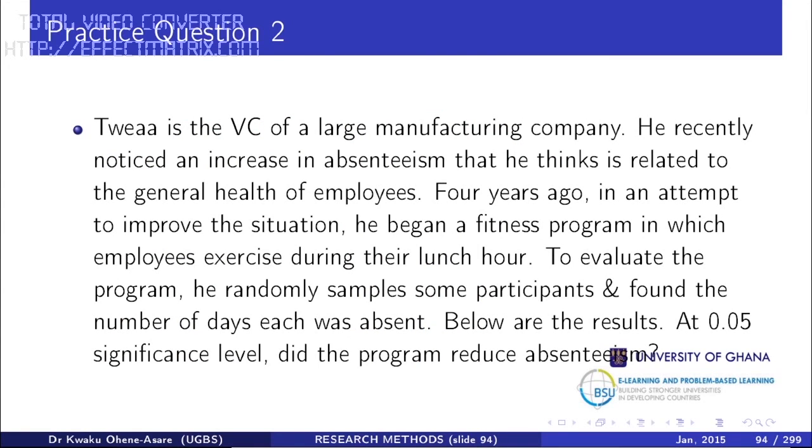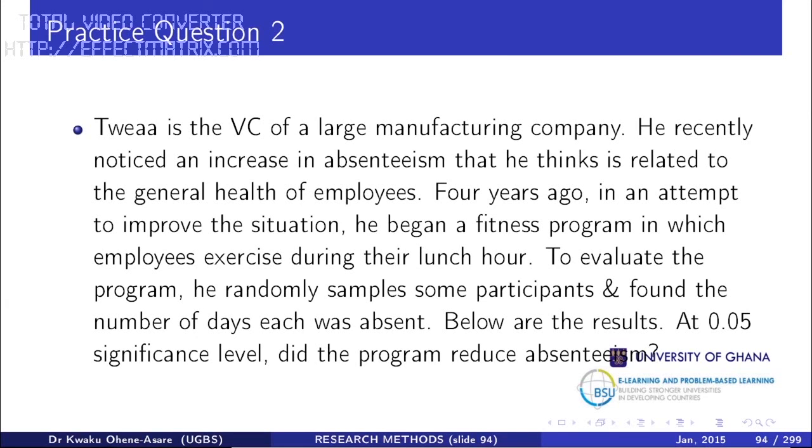Second one you want to practice. Chia is a VC. I have every right to say Chia because it's written down. It's a VC of a large manufacturing company, and he recently noticed an increase in absenteeism. He thinks that the absenteeism is related to the general health of employees.